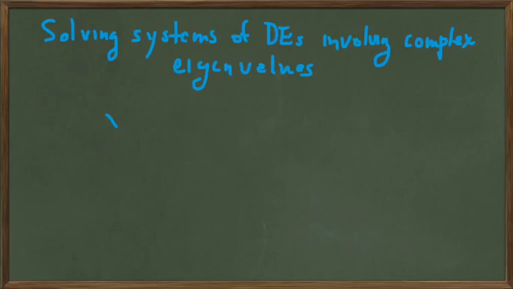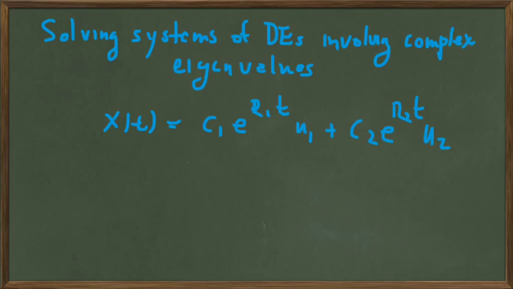You recall that in the last video, the structure of our solutions was C1 e to the R1 t U1, U1 being the first eigenvector associated with R1, plus C2 e to the R2 t U2, U2 being the eigenvector associated with the eigenvalue R2. That was the case when we have real eigenvalues.